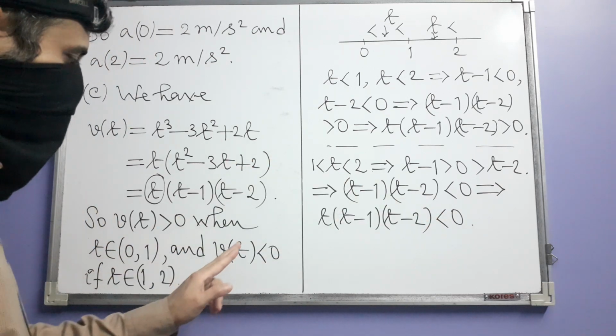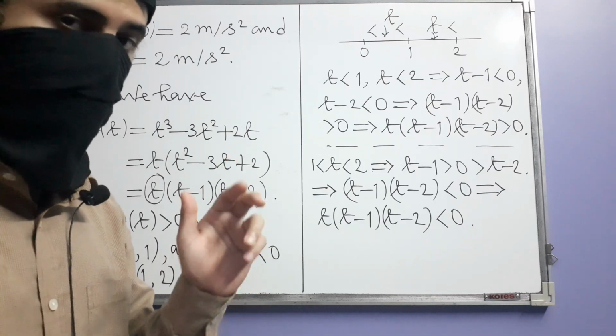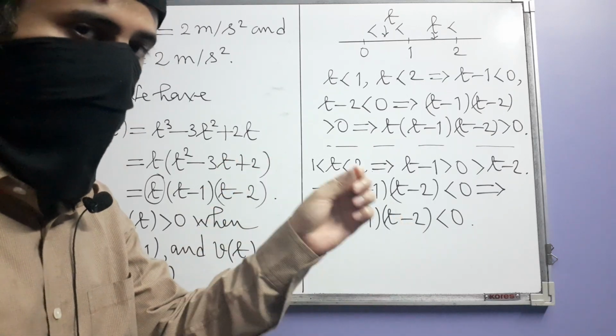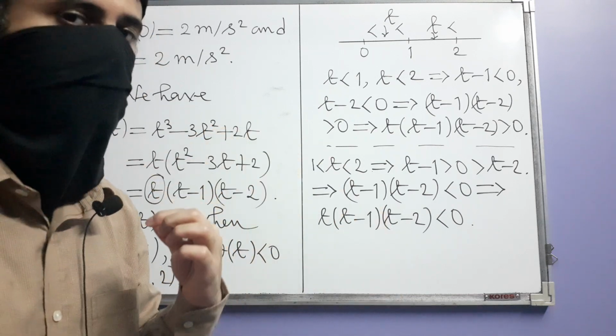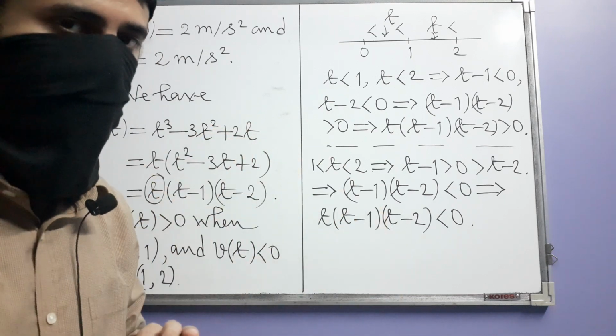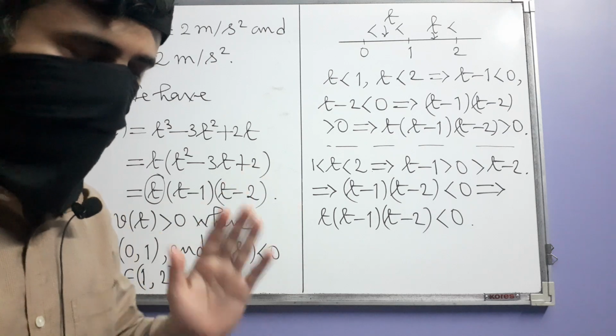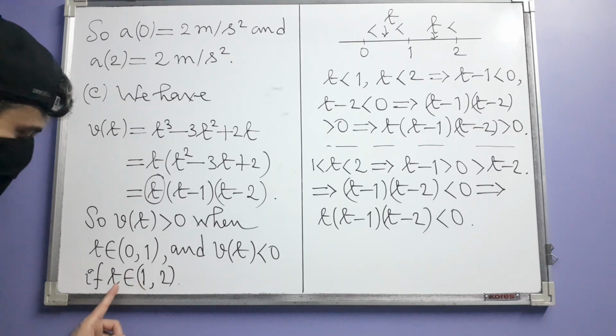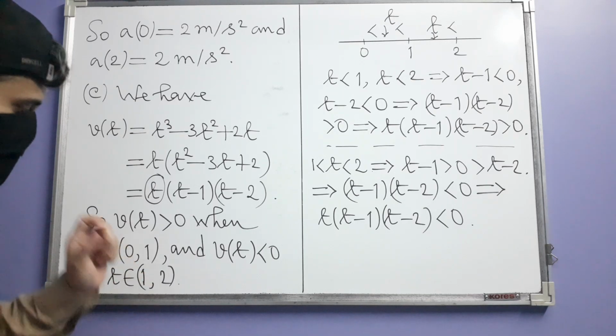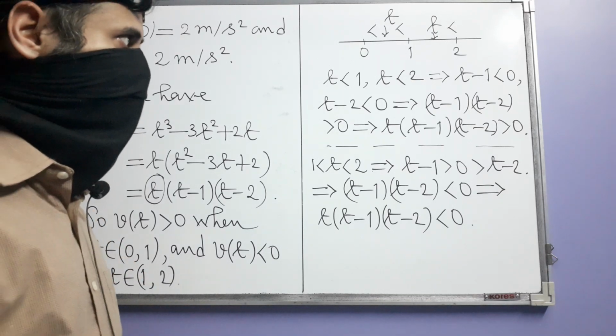But the moment it hit the t equal to 1 second mark, it momentarily stopped, and immediately it started coming towards us if we are standing at the origin of our number line or that coordinate line. And it kept coming towards us when t was between 1 second and 2 second mark.